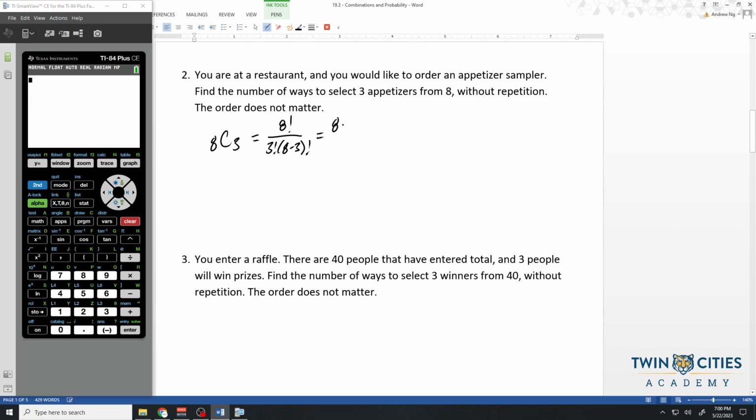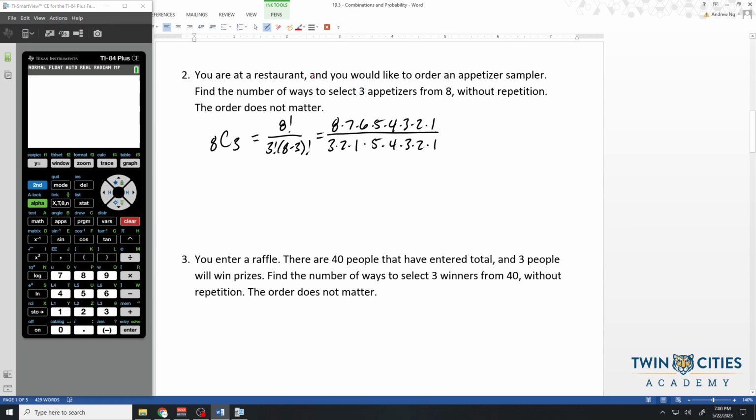So I've got 8 times 7 times 6 times 5 times 4 times 3 times 2 times 1 over 3 times 2 times 1. That'll be the 3 factorial. And then 8 minus 3 factorial, that'll be 5 factorial. So I'll also have 5 times 4 times 3 times 2 times 1.